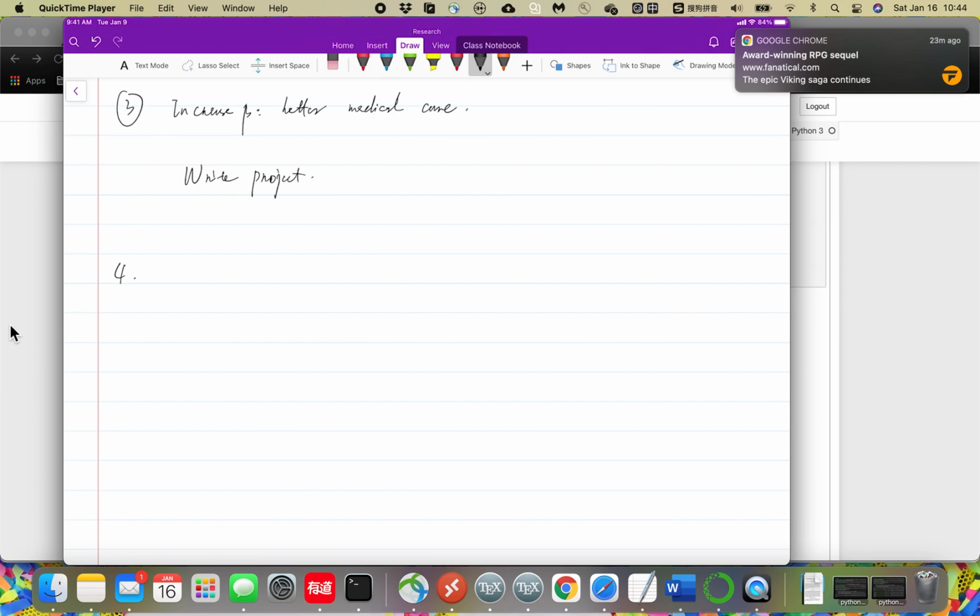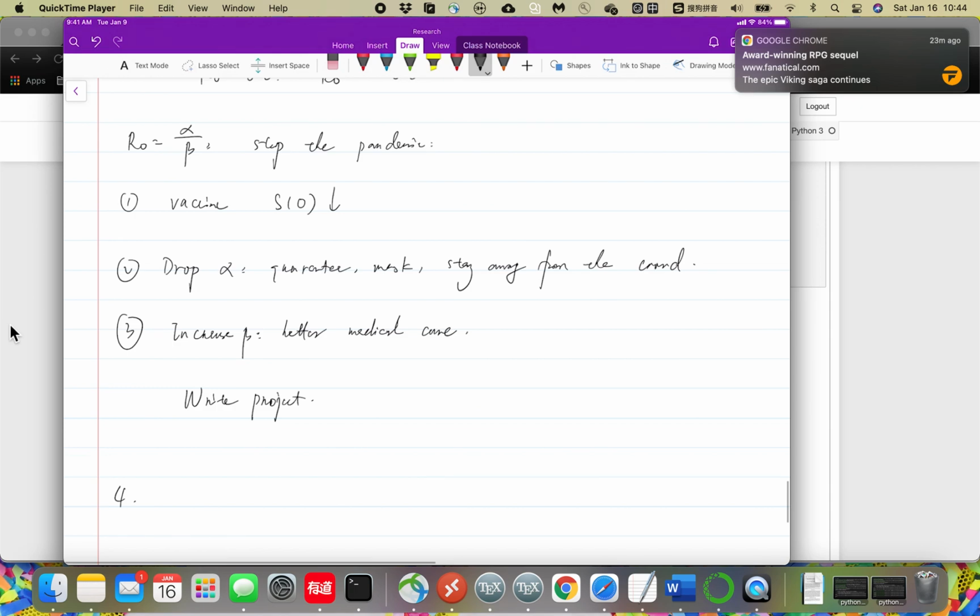That's why when we had COVID-19, it's crazy, because alpha is super big. The virus spreads super fast, and it's also difficult to recover. So once, let's say, alpha is big enough, and beta is basically what you have in the emergency room in the medical care resource, and nothing has a cap.